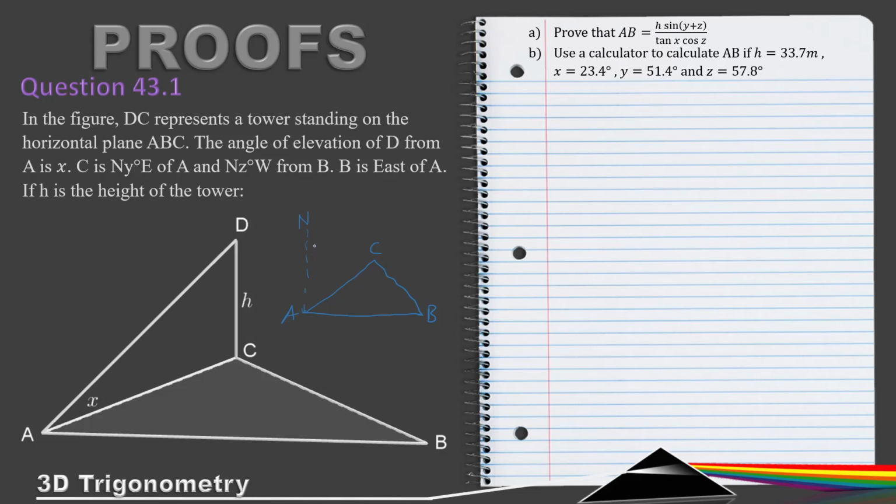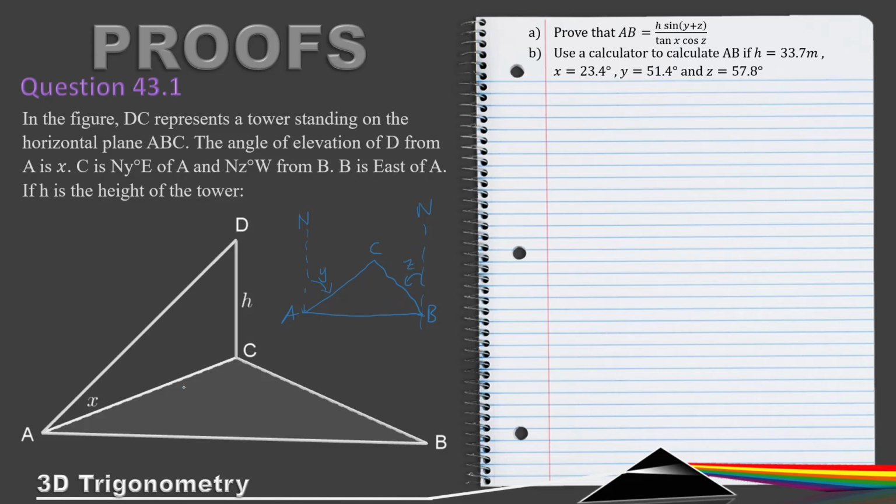And then north, east, is this side, but how many degrees? Y degrees. And the same happens with north, Z degrees west from B. So working from B, north has Z degrees in the western direction, so that's going to be Z over there.